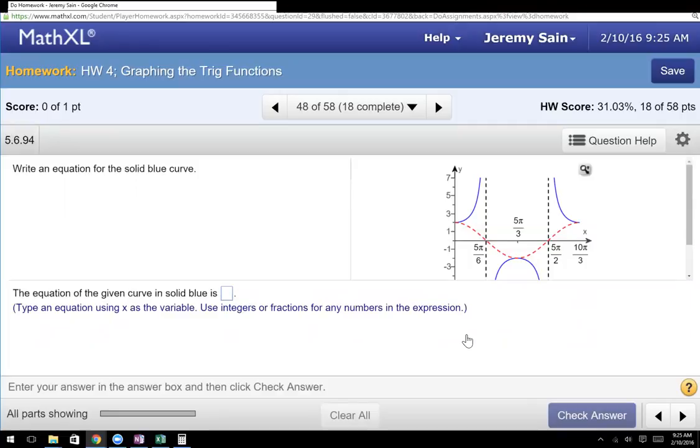Okay, the equation for the blue curve. So it looks like it has an asymptote at 5 pi over 6, and then another one at 5 pi over 2. Yes, I think so. I like where you're going with the secant.